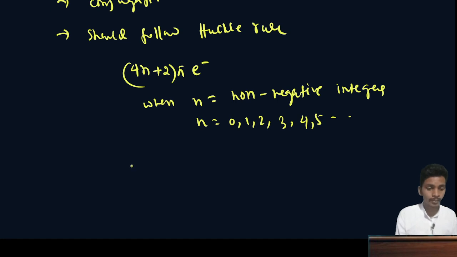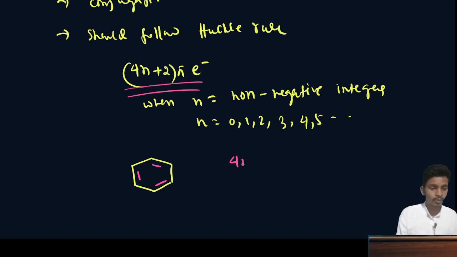So let's say we have a benzene ring. If you apply Huckel's rule, this is 4n plus 2 pi electrons. How many pi electrons are there? 1, 2, 3, 4, 5, 6.